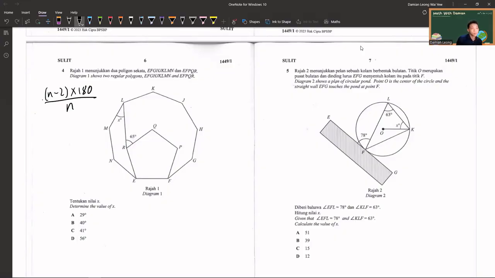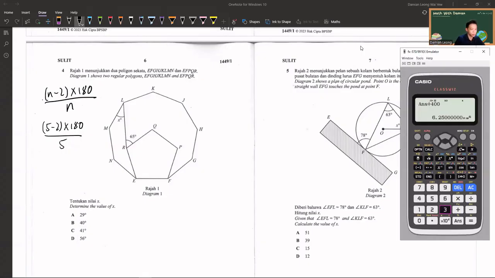So, for the smaller one, 5 sides, 5 minus 2 times 180 over 5. So it's 3 times 180 divided by 5. Let's reset this first. 3 times 180 divided by 5, I get 108.